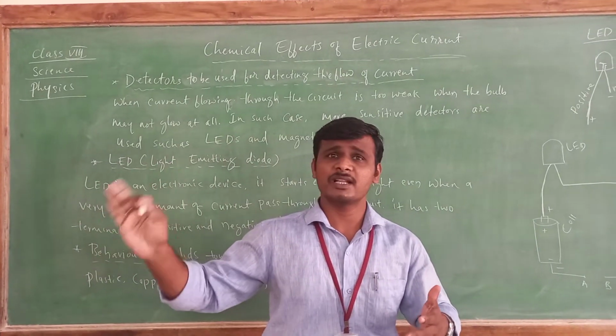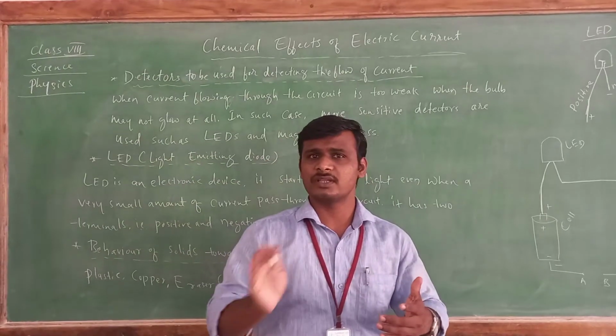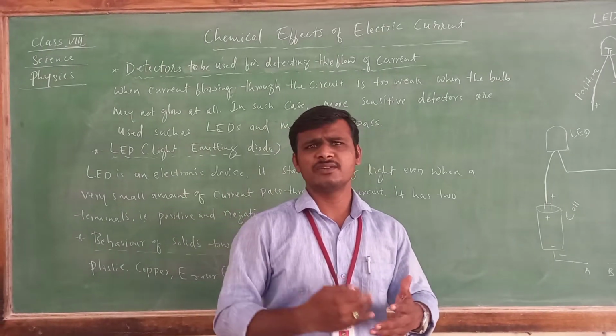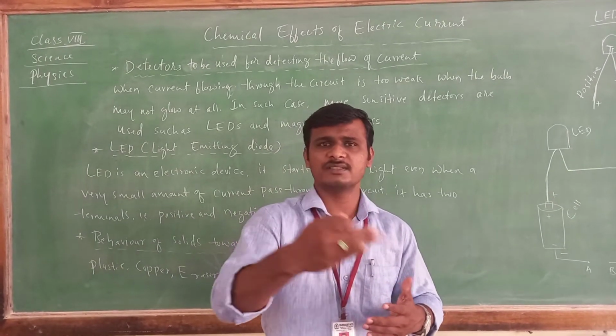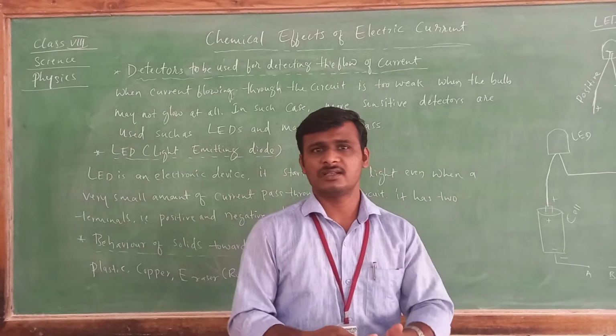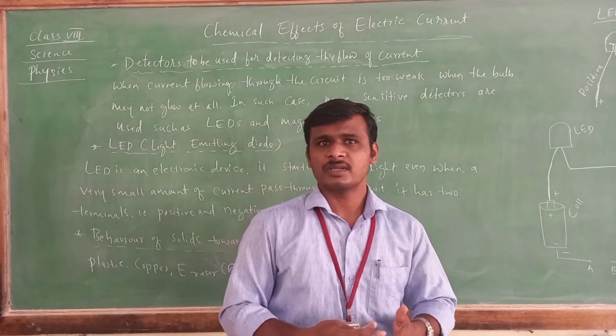When you switch on the button of the fan, the current will flow and the fan will rotate. If you want to watch television, we switch on the button of the television and the television turns on, right?